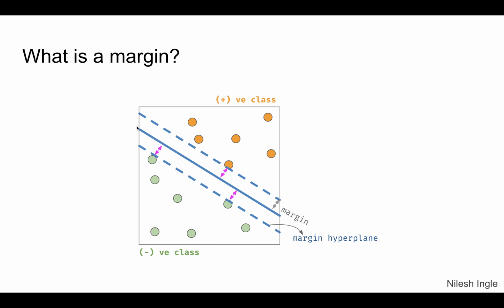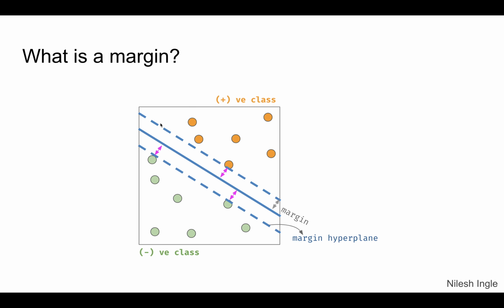So the middle ground: the line that we can draw between those sets of closest points, right through the middle, will divide the space into 2, and each of those spaces is shown here by magenta arrows, and those are the margins.